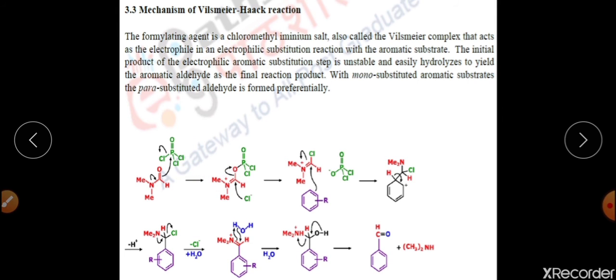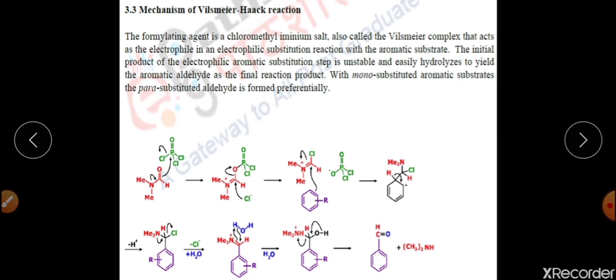So it will get converted into this particular substrate, and here nitrogen contains the positive charge. So when this electron pair will move towards nitrogen, this carbon will bear the positive charge. So this is the generation of the electrophile here.